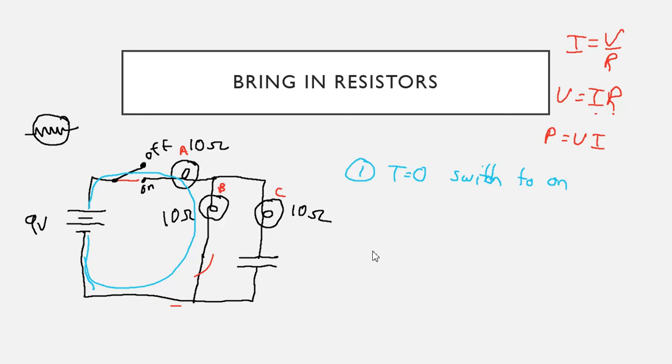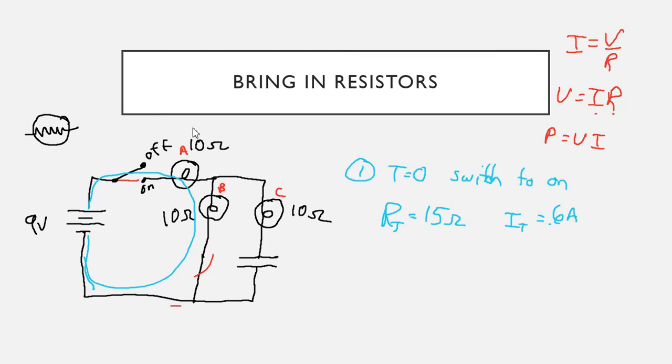So the total resistance: 10 and 10 in parallel is 5, and that's in series with this 10. So I have a total resistance of 15 ohms, which gives me a total current of 9 divided by 15, 0.6 amps.